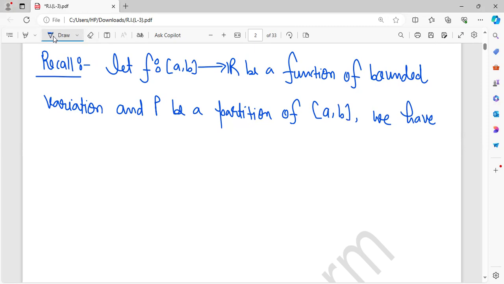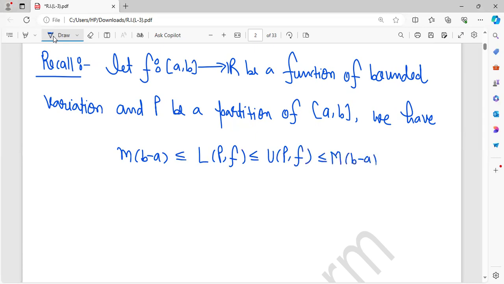We have m times (b minus a) is less than or equal to L(P, f), that is less than or equal to U(P, f), and that is less than or equal to capital M times (b minus a).